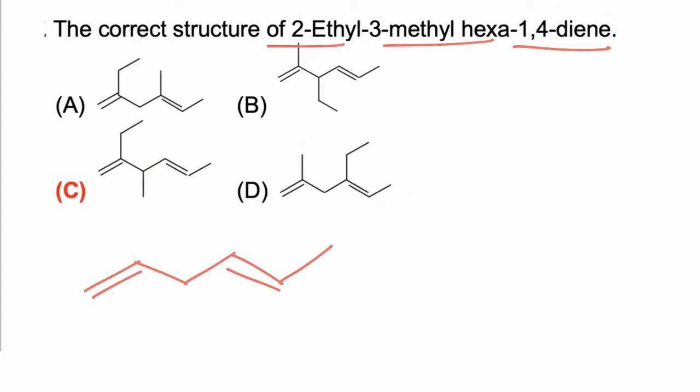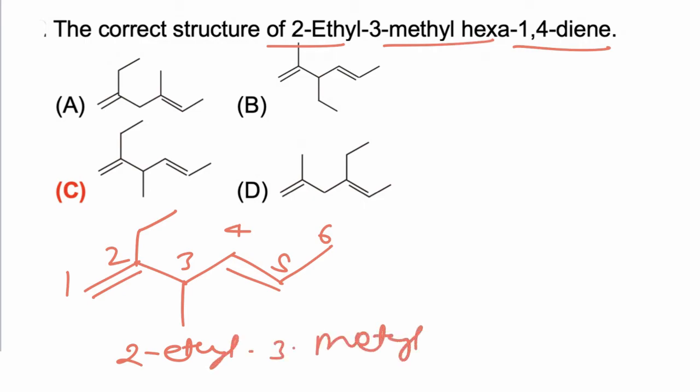At the second position an ethyl group is present, and at the third position a methyl group. So the correct structure of 2-ethyl-3-methylhexa-1,4-diene is C, and hence the correct answer is C.